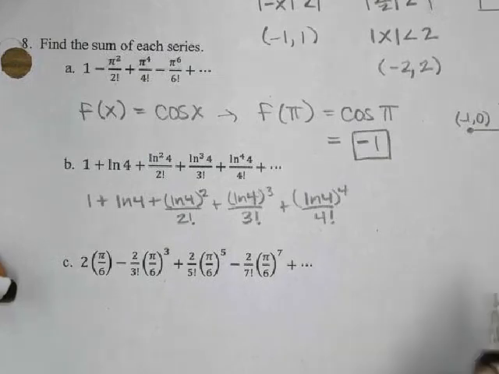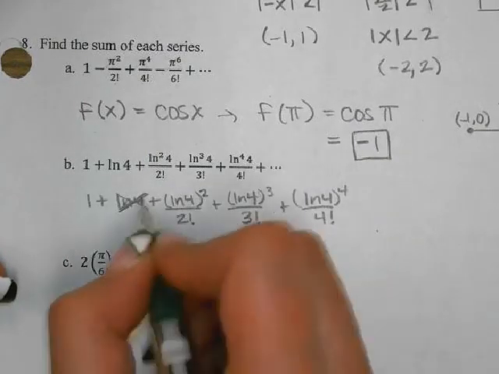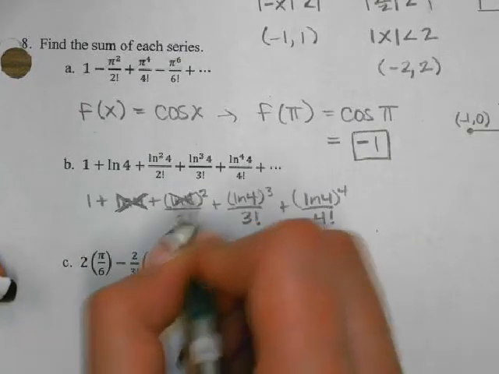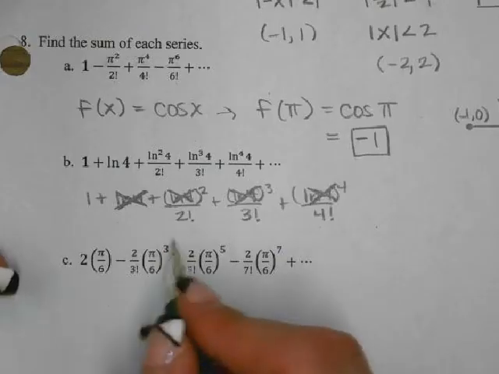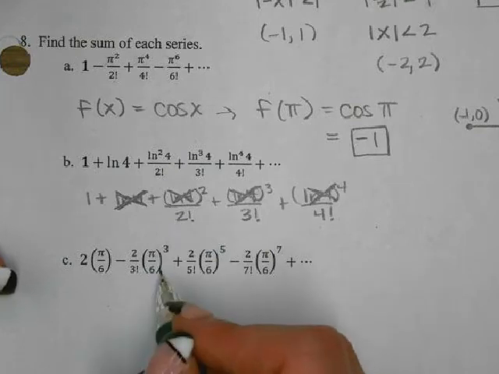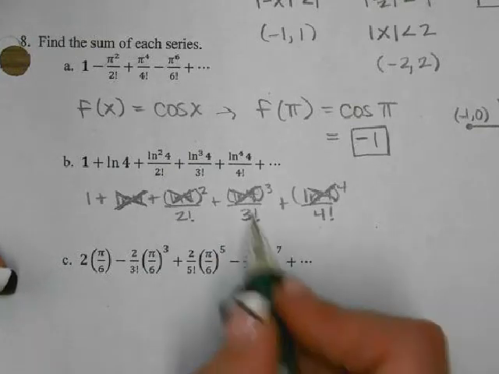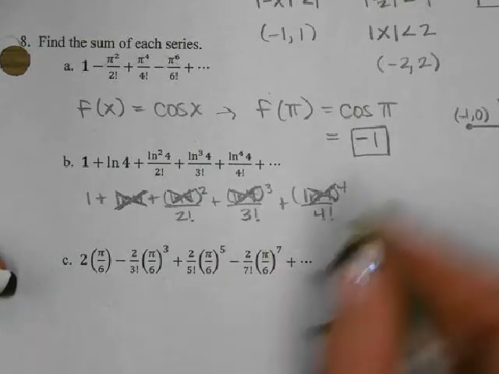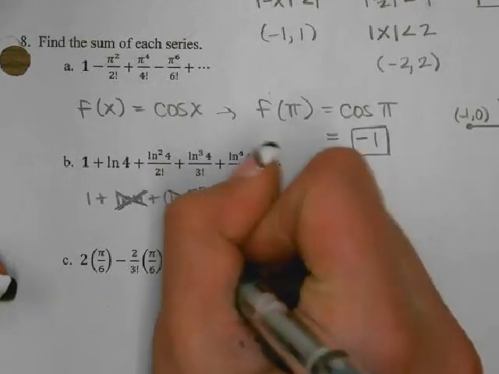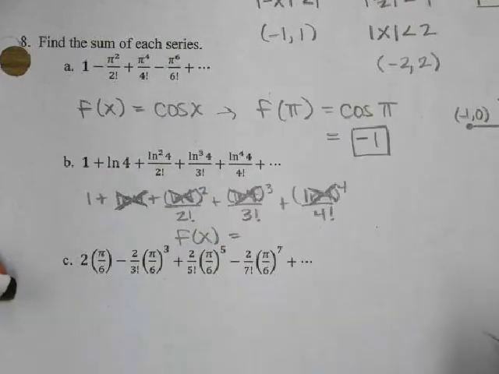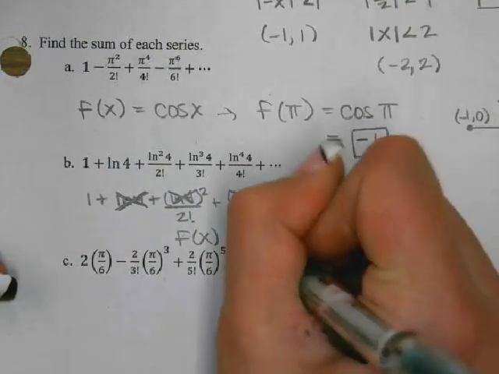So when we looked at this function, we usually saw an x here, an x there, an x there, an x there. So 1 plus x plus x squared over 2 factorial, plus x to the third over 3 factorial, plus x to the fourth over 4 factorial. So this polynomial is representing e to the x.